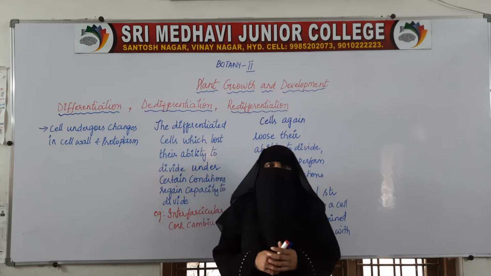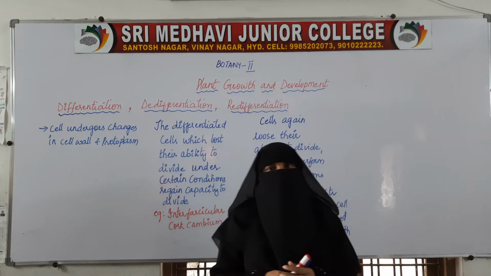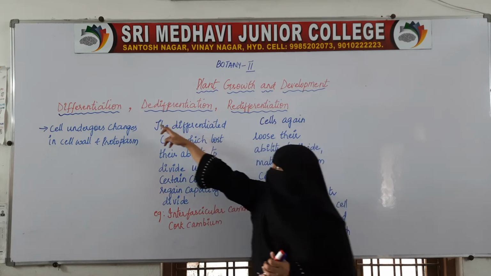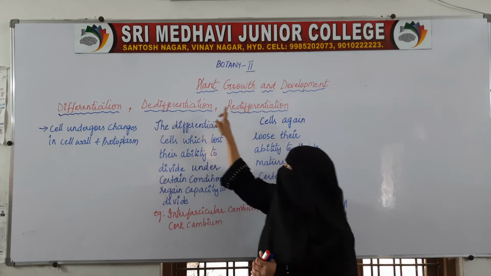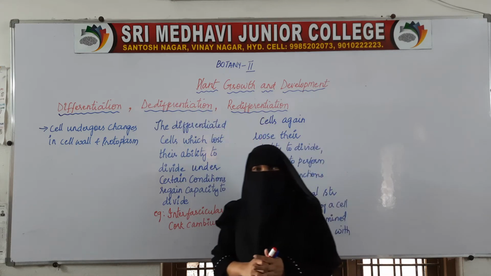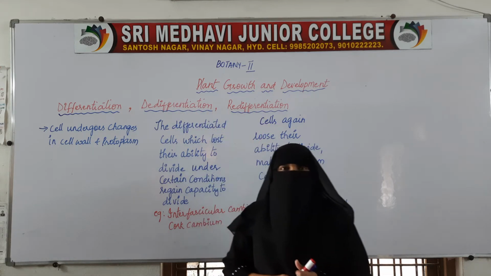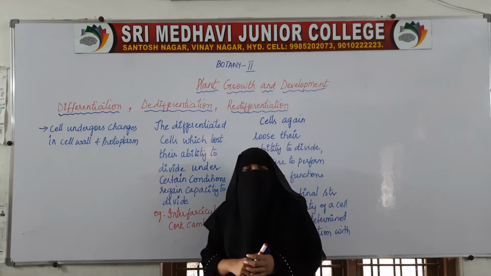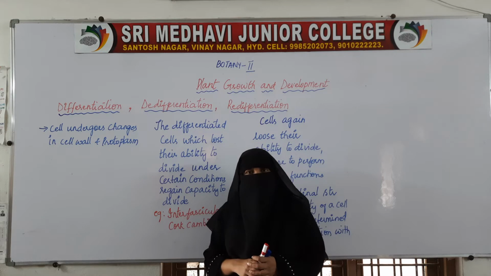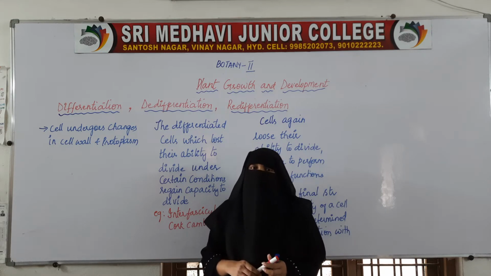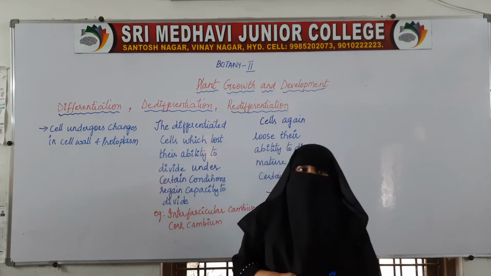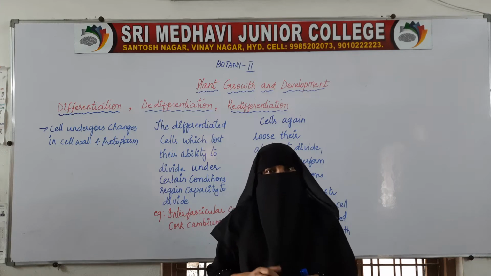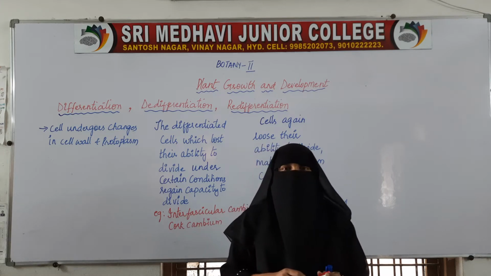Now we will move to another topic, that is differentiation, redifferentiation and dedifferentiation. We know what differentiation is. We have already studied this. Cells, after they divide, they grow. After the division, the cells grow, increase in size, they elongate.